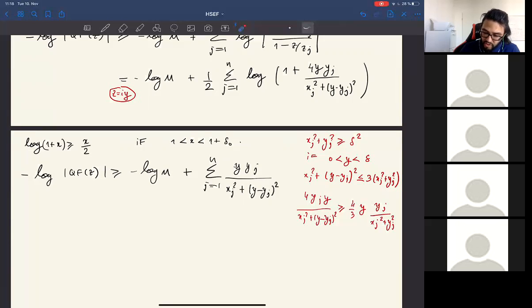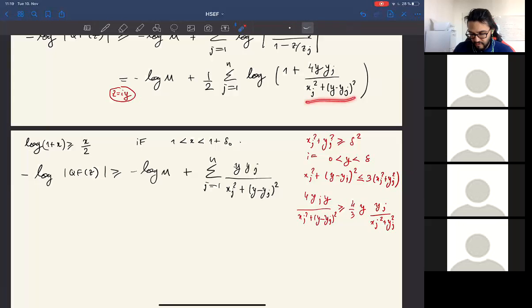And then when you take the log of 1 plus this quantity, this will be reversed, because then you're adding something that's closer to 0. I want something smaller. Yes.